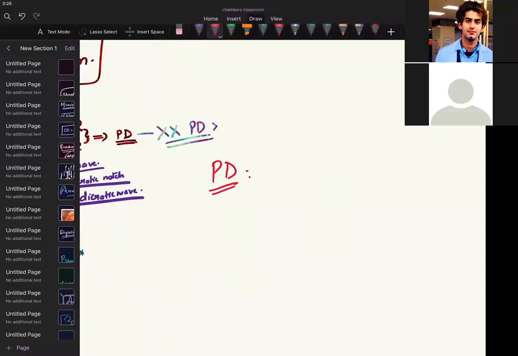Pulse deficit means I have a cardiac arrhythmia. Cardiac arrhythmia means my heart is not contracting rhythmically. Ideally, you should have systole and diastole nicely happening. But suddenly an ectopic beat comes, from anywhere, due to any disease we'll be learning in arrhythmias.